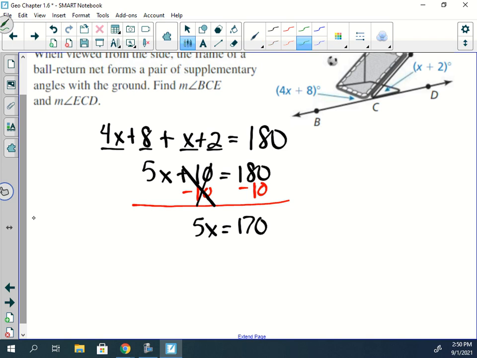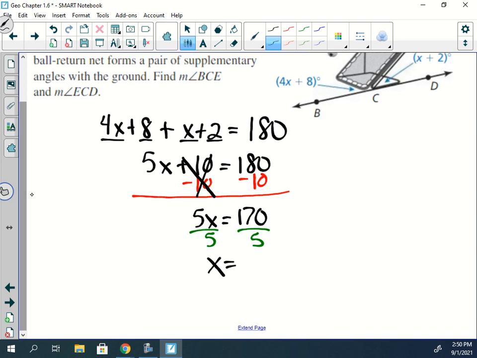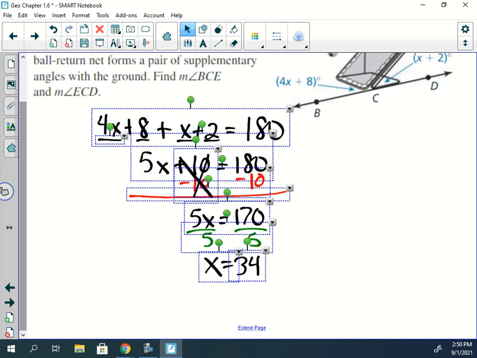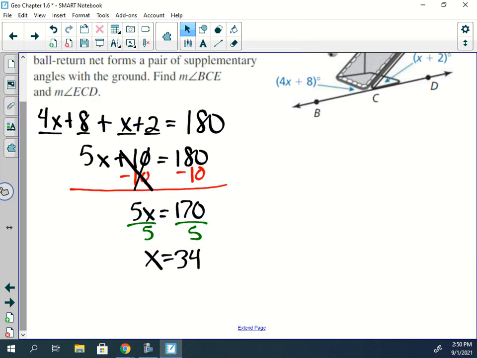And then what would we do next? Divide by 5. Which tells us x is equal to 34, yes.